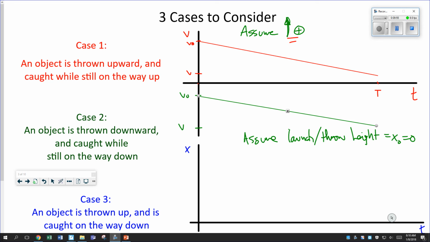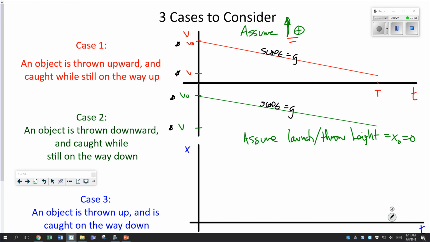But again, in case 2 this object speeds up, so notice that V final here, our case 2 green V final, is a faster speed than it started at. But in case 1, here's the speed it started at, faster, and it ends at a slower speed. But slope equals g. These two things have the same exact acceleration.